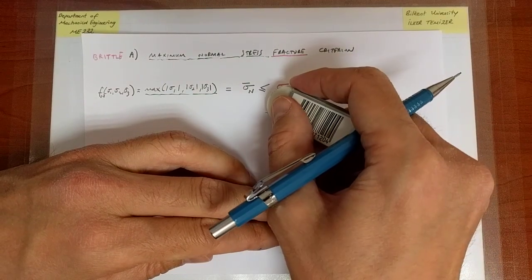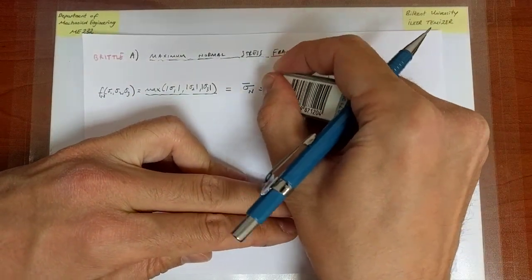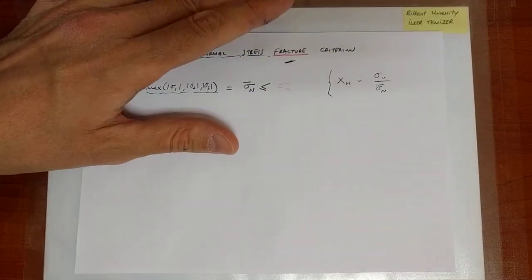So what I will do is replace for a second this sigma u with a critical value.